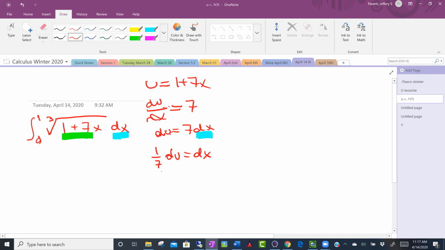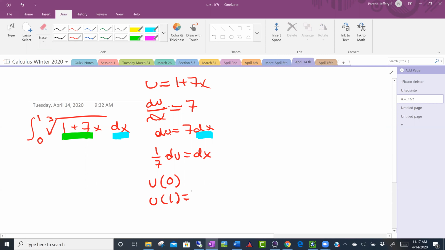And then let's also change our limits of integration here, because this is a definite integral. It's no longer just a regular indefinite integral, not just looking for an antiderivative. So I'm going to plug in two numbers. I'm going to plug in u of 0 and u of 1.